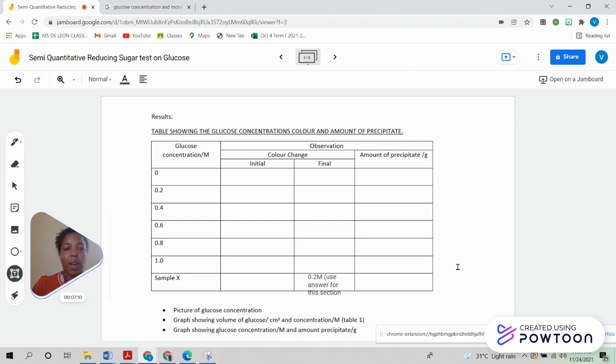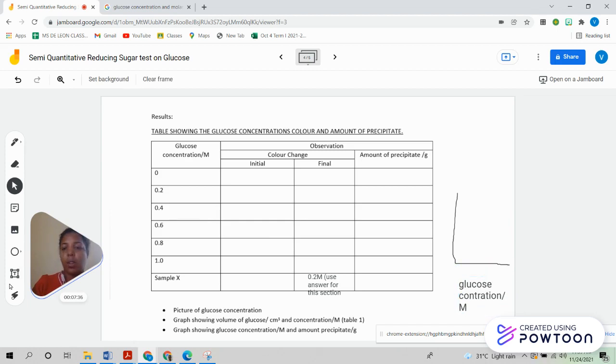So for that graph, I'm going to use this section right here to draw that graph. All right. So you're going to have your glucose concentration, and that would have been in moles.